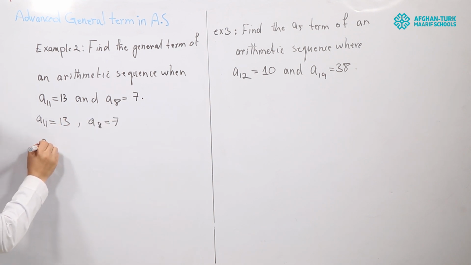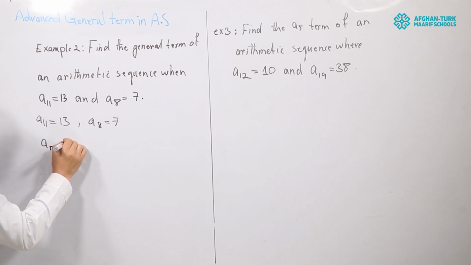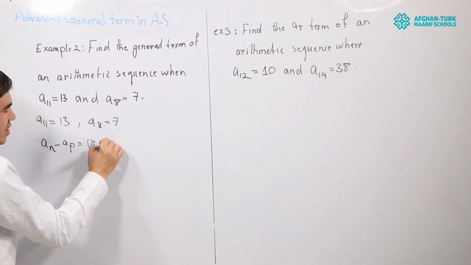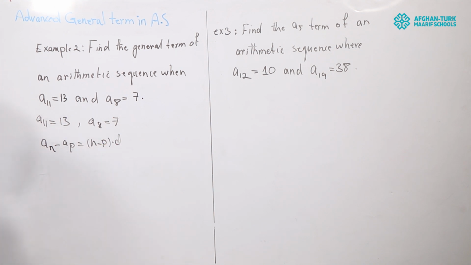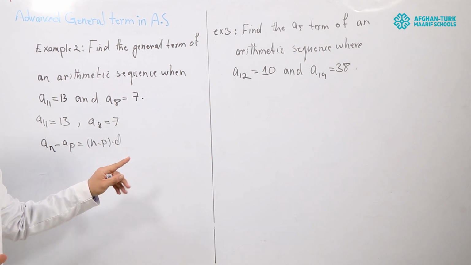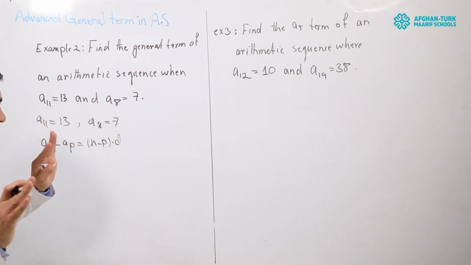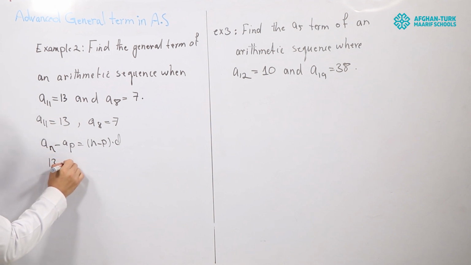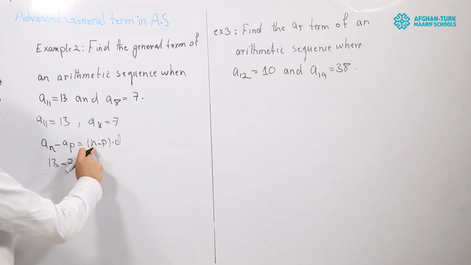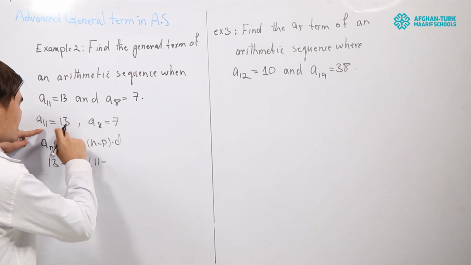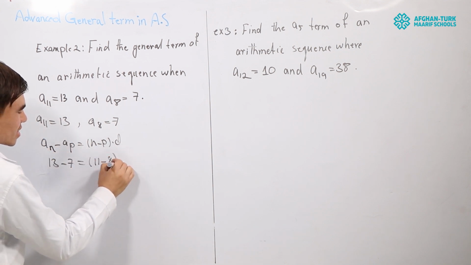We had the formula a_n - a_p = (n - p)d. Here we must find the common difference, because to find the general term we need the common difference and the first term. a_n is 13, minus a_p, which is 7, is equal to n, which is 11, minus p, which is 8, times d.